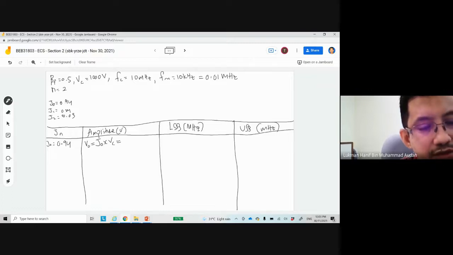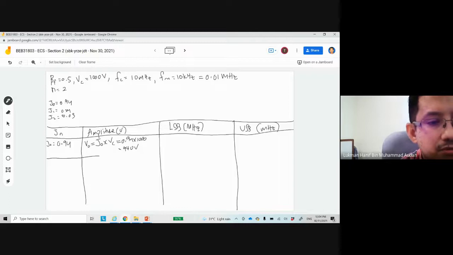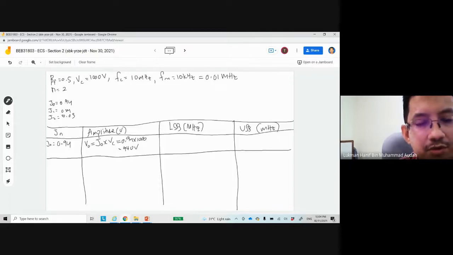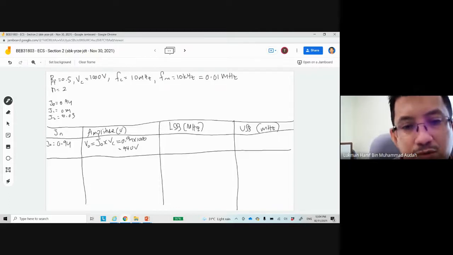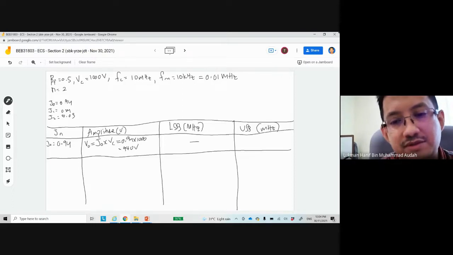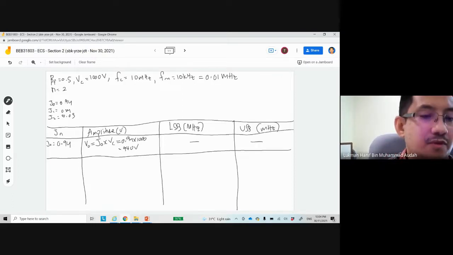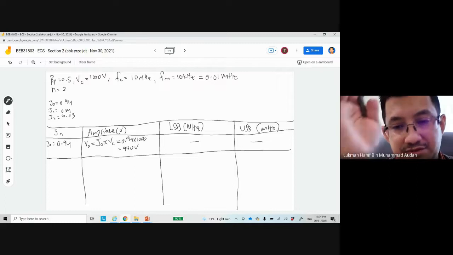So this is 0.94 darabkan dengan 1000, so you get 940 volt. Okay, and there's no sideband over here because this is the center frequency, which is the carrier frequency center.